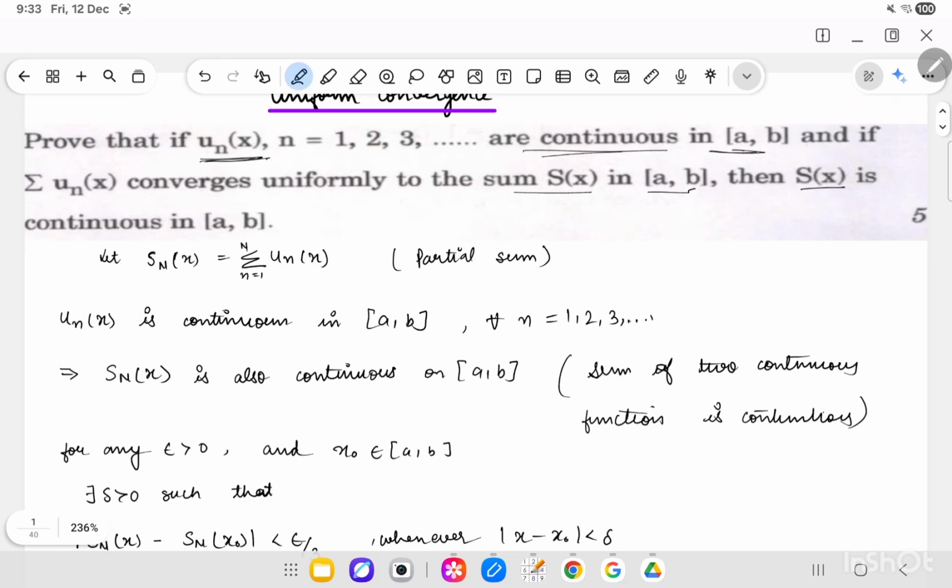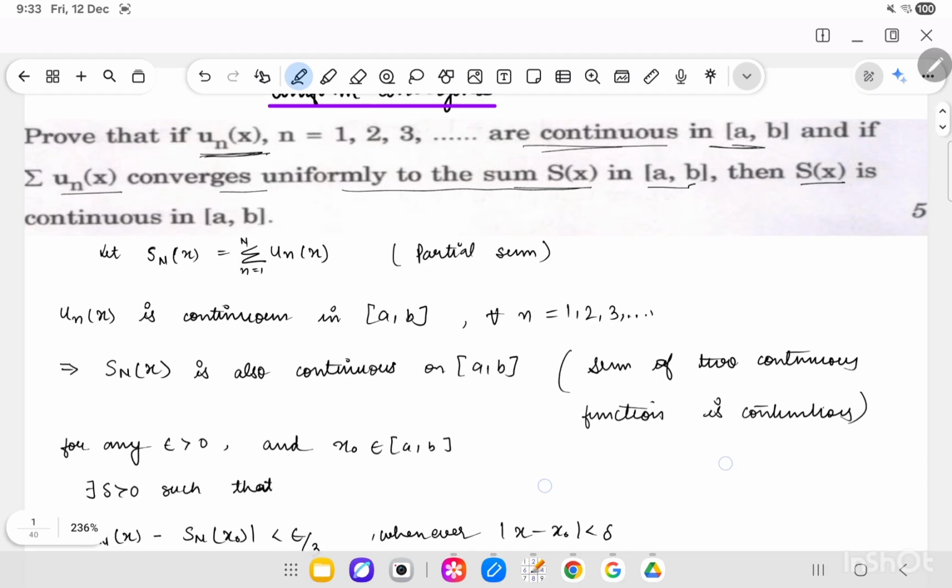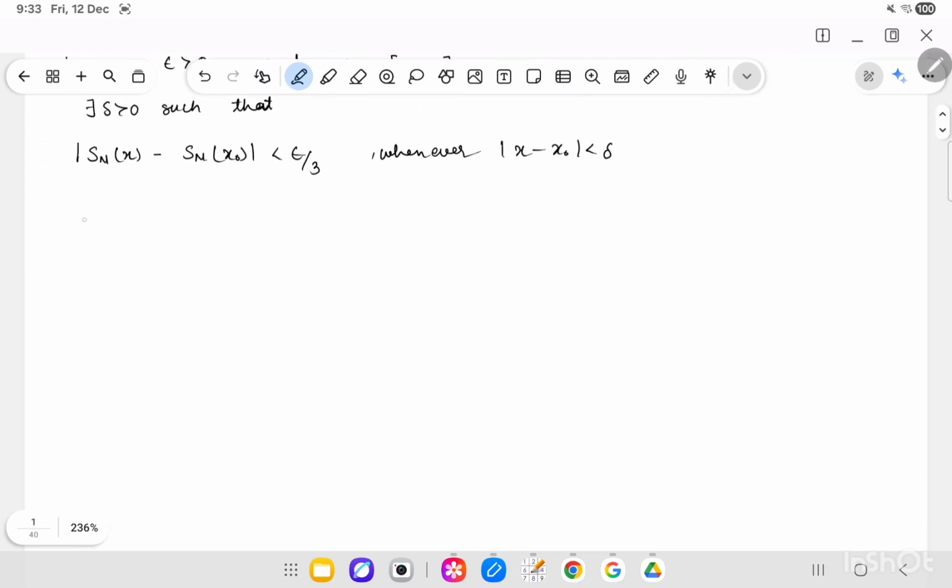Now the other information that is given to us is that the summation of u_n(x) converges uniformly to the sum S(x) in [a, b]. So what is given to us is that S_n(x) converges to S(x) uniformly. Here U stands for uniform convergence.